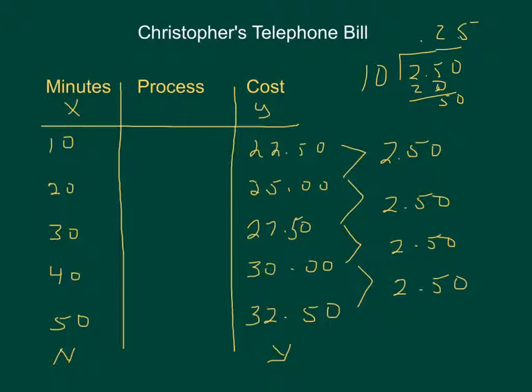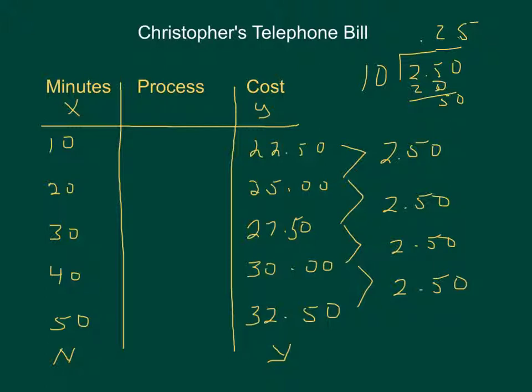Okay, so we multiply 10 times 0.25 or 25 cents. That's only going to give us $2.50. Well, what do we need to do to get 22.50? Okay, add 20.